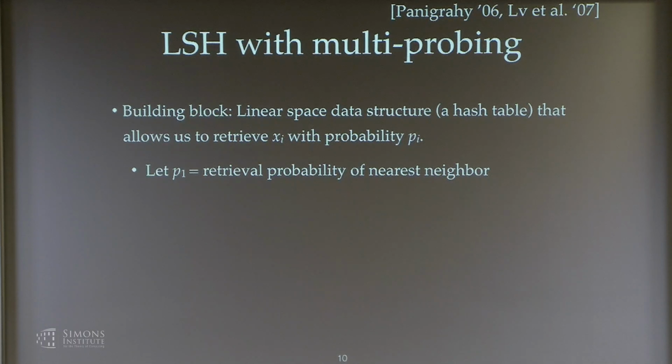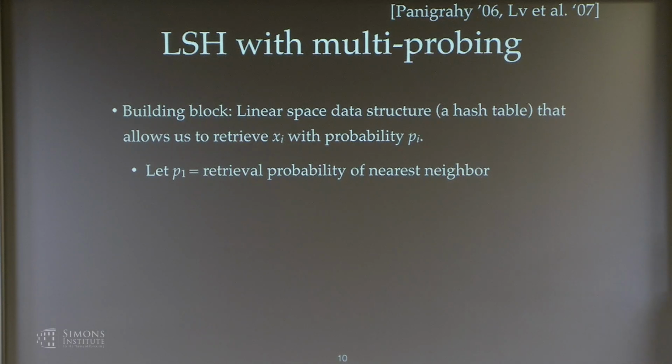It's some linear space data structure, basically a hash table that allows us to retrieve data points with different probabilities. So xi is retrieved with probability pi, and the idea is that closer points are retrieved with higher probability. Let's say that the nearest neighbor is x1, such that p1 is the probability that we retrieve x1.